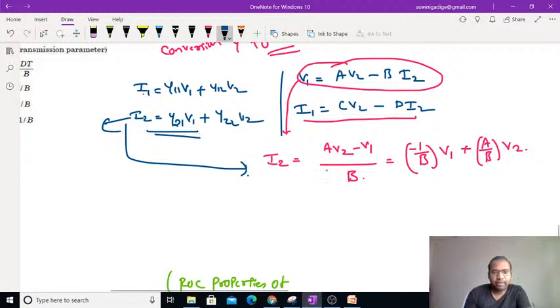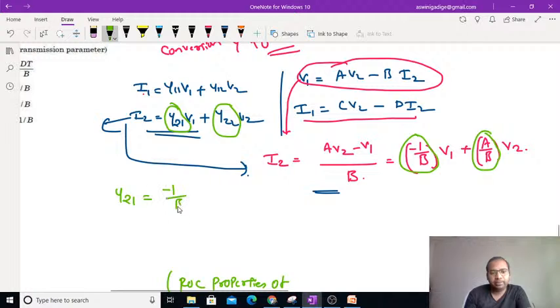Here also I2, and it is also I2. Here the V1 coefficient is Y21 and the V2 coefficient is Y22, and here the V1 coefficient is minus 1 by B, the V2 coefficient is A by B. If I compare both equations, can I write like this? Y21 is equal to minus 1 by B, Y22 is equal to A by B.